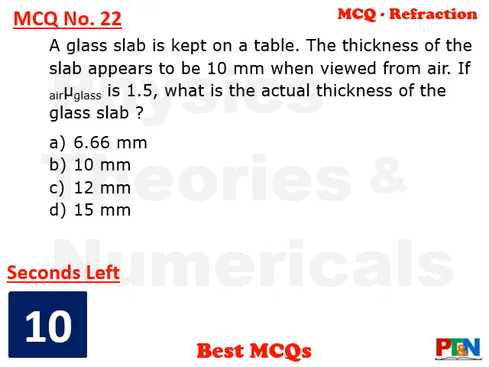Next MCQ. A glass slab is kept on a table. The thickness of the slab appears to be 10 mm when viewed from air. If air mu glass is 1.5, then what is the actual thickness of the glass slab? 4 options given, 10 seconds time, timer starts now.